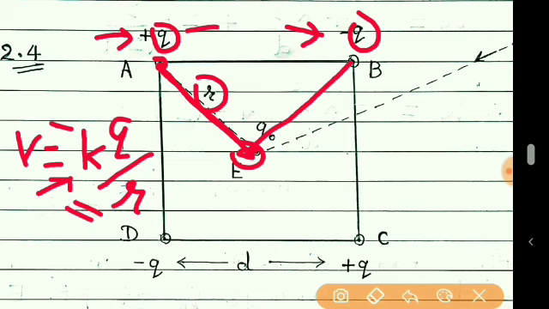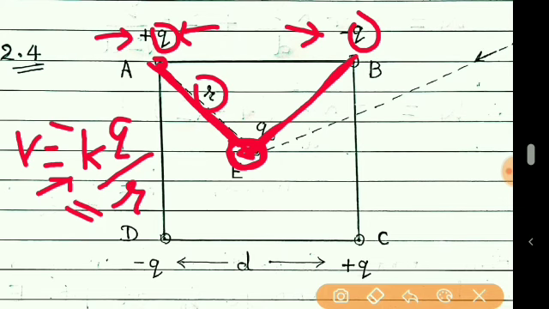For positive charge, the potential is positive, but for negative charge, the potential will be negative. So we can say that here the potential, one is positive, the other is negative, and so they will cancel out. Result will be 0.